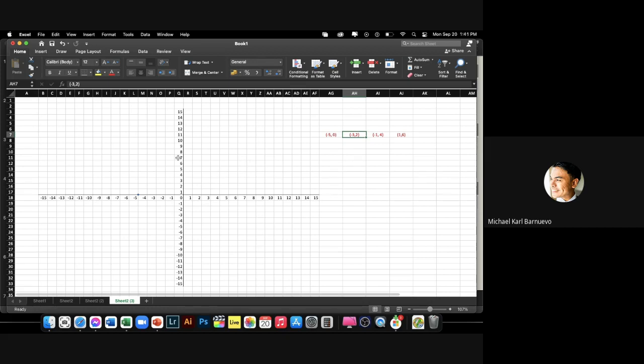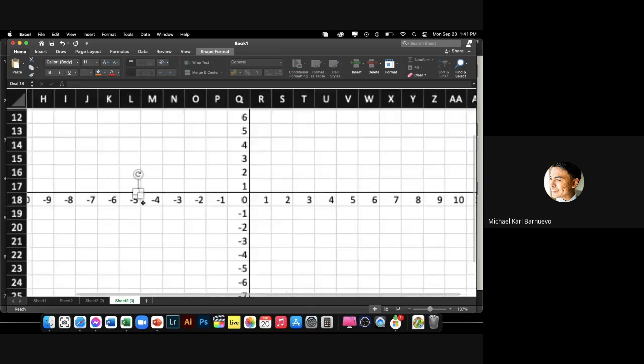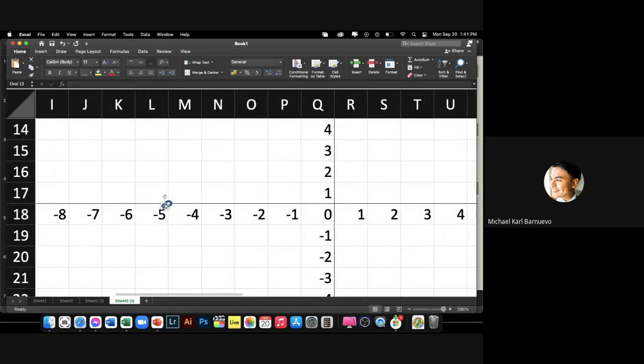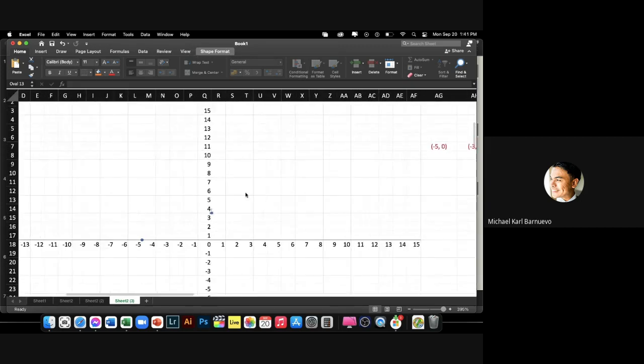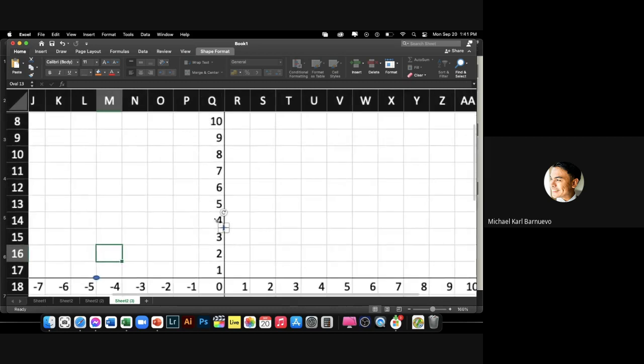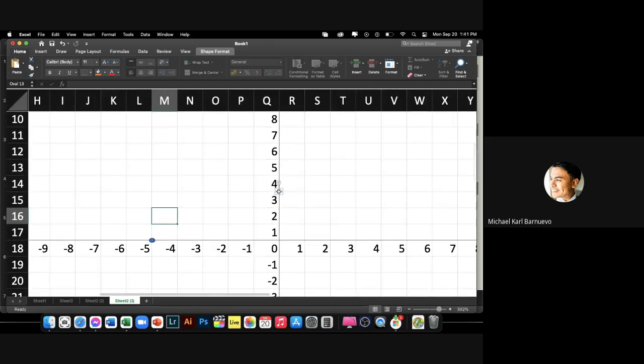Nandun pa rin sa second quadrant. Copyin lang natin yan. Negative 3 ang x while positive 2 ang y. Yan, lagay natin siya.